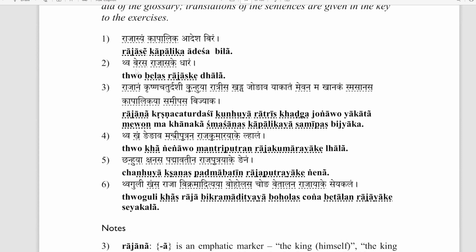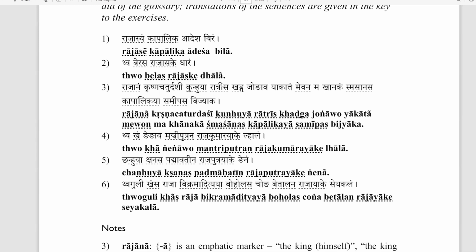Okay, the second one. So Bera is also Bela. That means time. So the second one, Ho Bela sa Rajasagay Halan. Any idea about this sentence? What was down? Dharan?